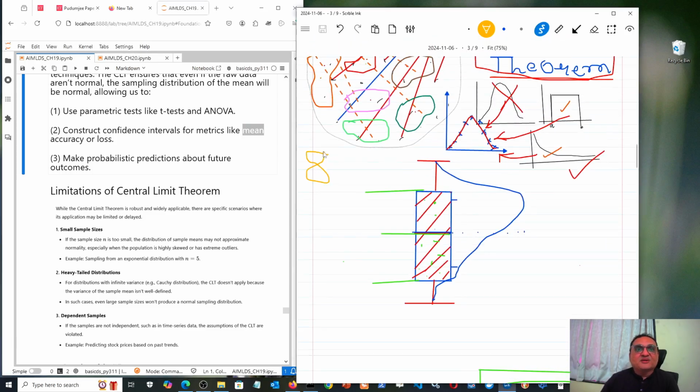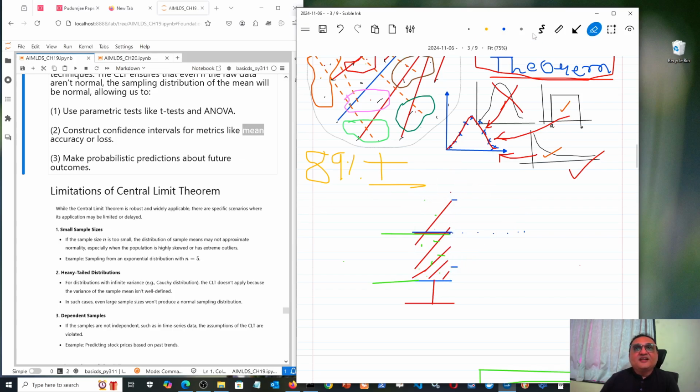As I have often told you, for most applications we write 89% or 0.89 plus or minus 0.05, or in percentage, 89% plus or minus 5%. That means the actual accuracy of the model can be 84% to 94%, right?